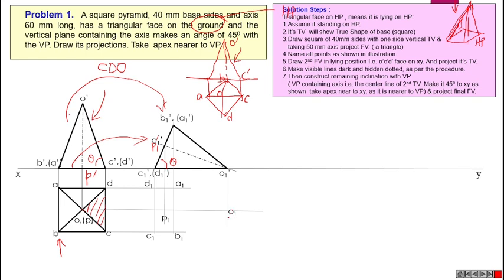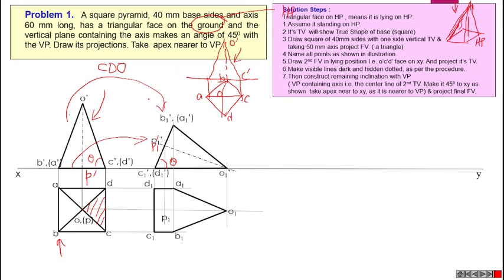Then in the first step, to complete this top view, we can draw all the outermost edges in thick line. All the outermost edges of the solid are always thick line. That means this portion is always thick line.